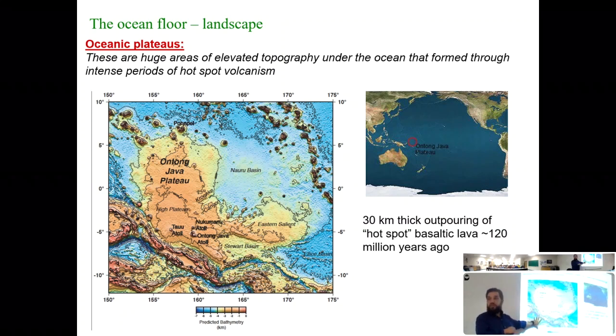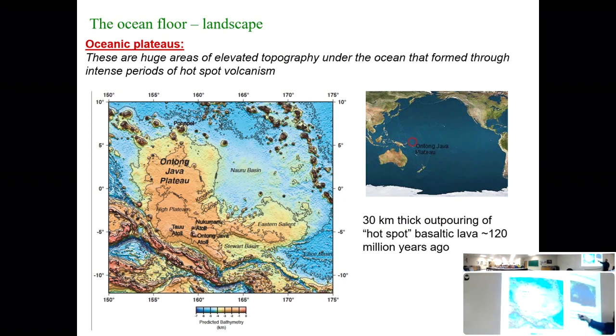So these were just tremendous outpourings of basalt that happen once in a while. This is about 120 million years ago. And there was a 30-kilometer thick outpouring of basalt that happened. Imagine that, 30 kilometers.